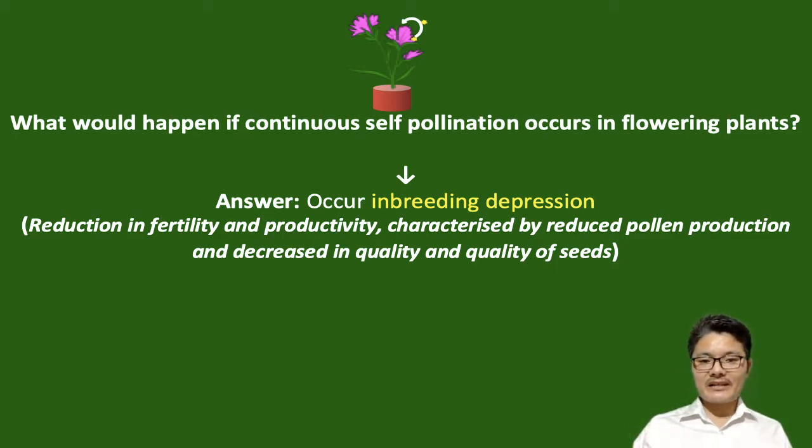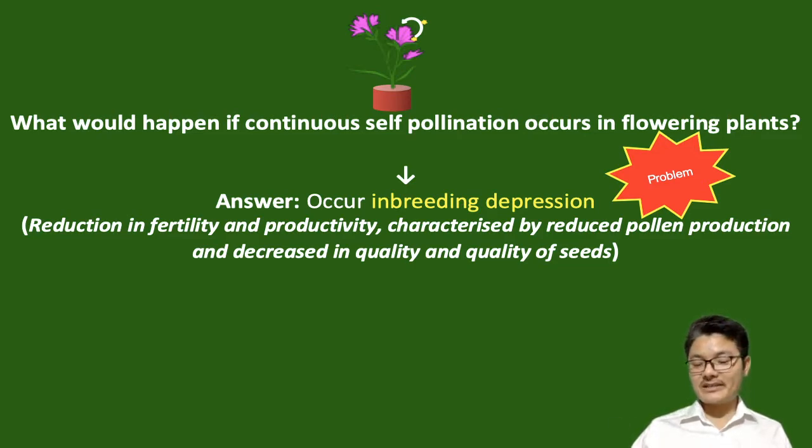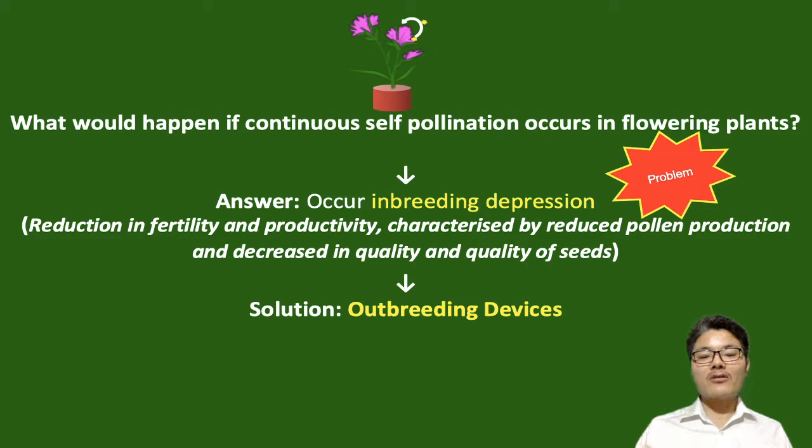Usually the plants themselves naturally employ some mechanisms or techniques in order to solve the problem of inbreeding depression, and that is outbreeding devices. The devices here refers to techniques, mechanisms, adaptations, or different ways or methods which are employed by flowering plants in order to avoid inbreeding depression, in order to avoid self-pollination so that they can undergo cross-pollination.